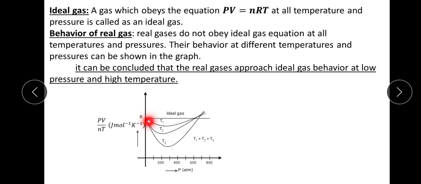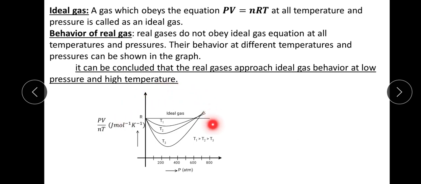But if the temperature is lower, the behavior of real gases deviates from the behavior of an ideal gas. You can observe here, this curve is very near to the ideal gas, but these two curves at lower temperatures are deviating from the gas laws or from the equation of state.